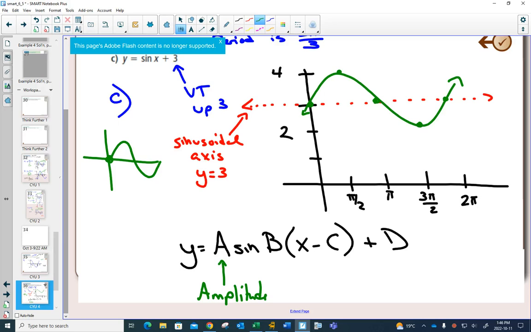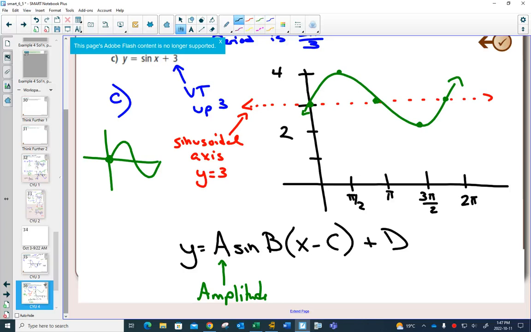Somehow you have to remember that the first value, the A value, affects your amplitude. Whatever memorization technique you can use for that would be good. A affects amplitude.